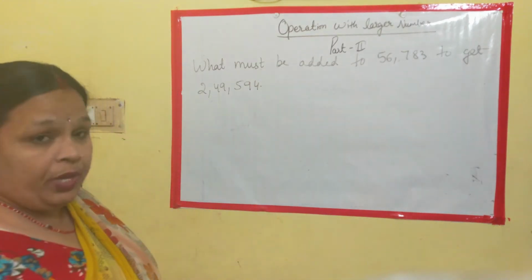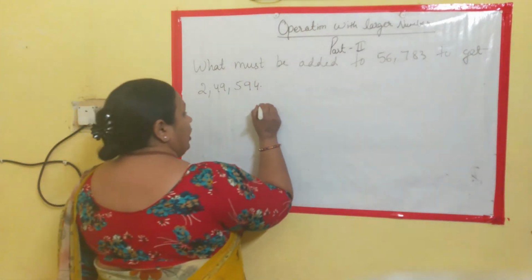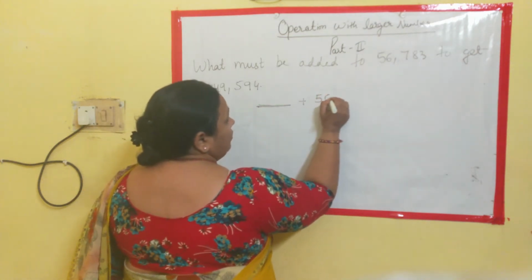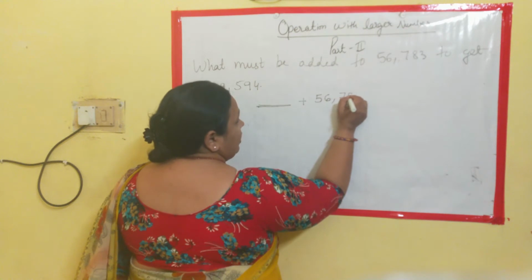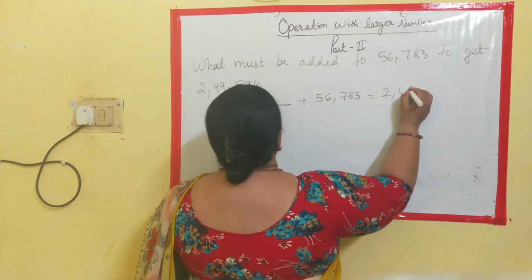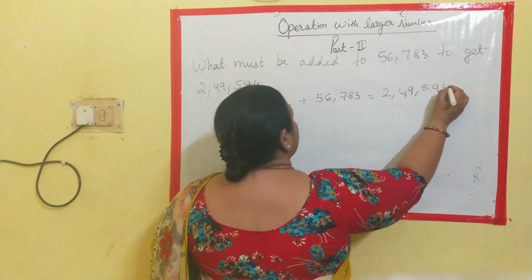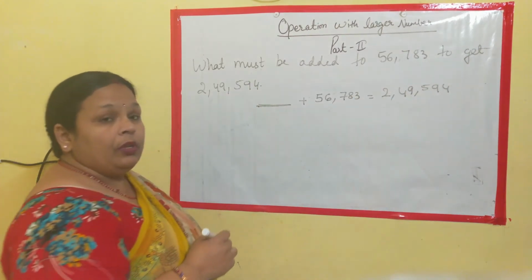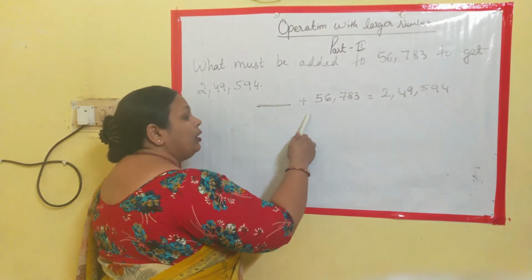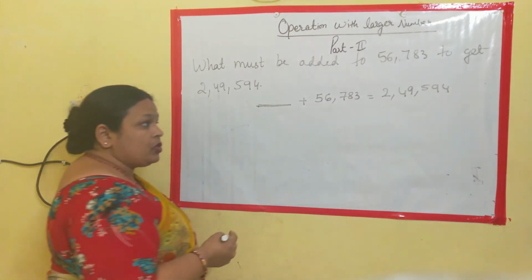So something is to be added. Clear? Let this be added to 56,783 to get 2,49,594. See, in the previous problem, we shifted a negative 1 to the other side, that became positive.